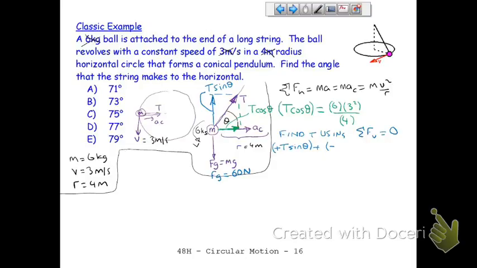Because it's 6 kilograms, 6 kilograms mass gives me 60 newtons, so minus 60. There's my two forces vertically. Is equal to 0. Oh, it's not so bad. So T is equal to 60 over sine theta. Okay, substitute in.